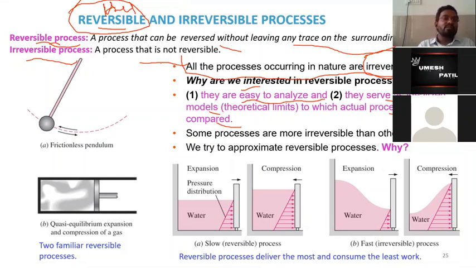Now let's take a few examples of reversible processes, or let's talk about the nature of those reversible processes. The first example is a frictionless pendulum. This is again an ideal process. We know that the natural position of this pendulum is going to be exactly straight.